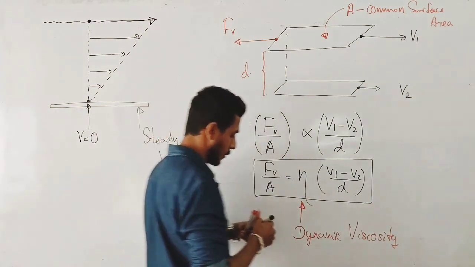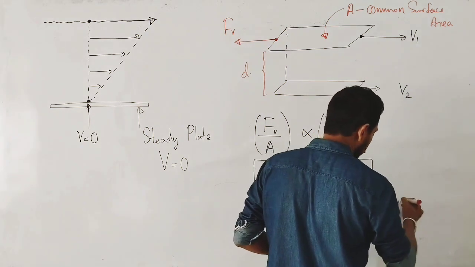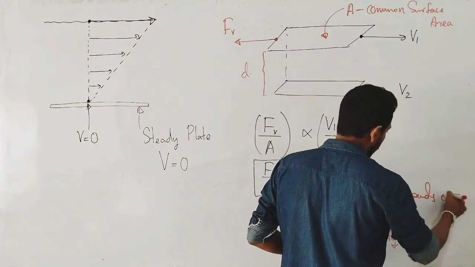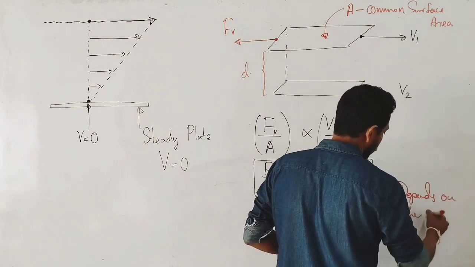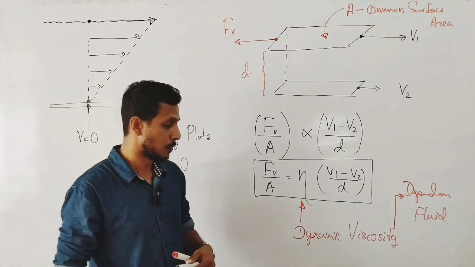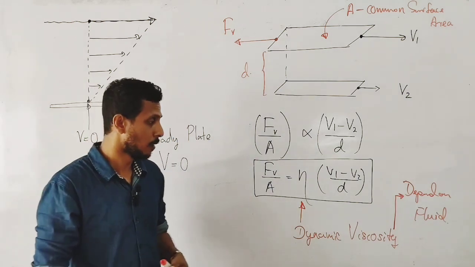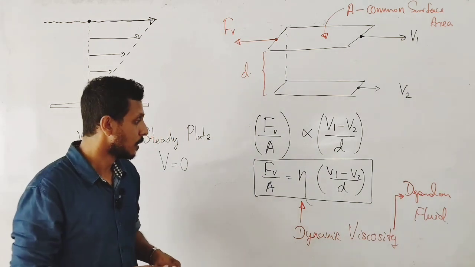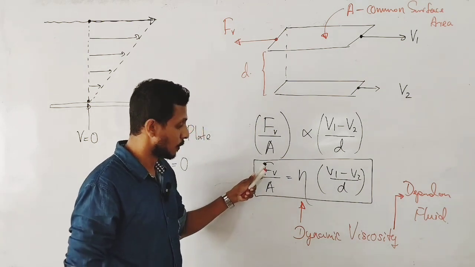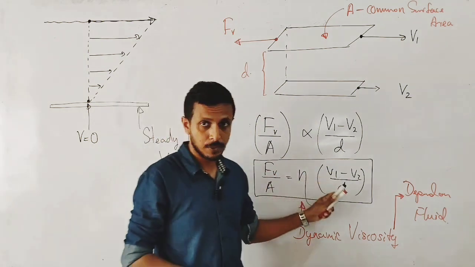The dynamic viscosity depends on the fluid. When the fluid changes, the viscosity coefficient, or dynamic viscosity, is going to change. So remember this: this is the viscous stress due to the viscous force, and this is the velocity gradient.